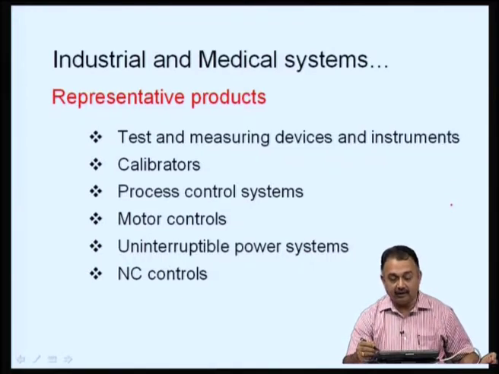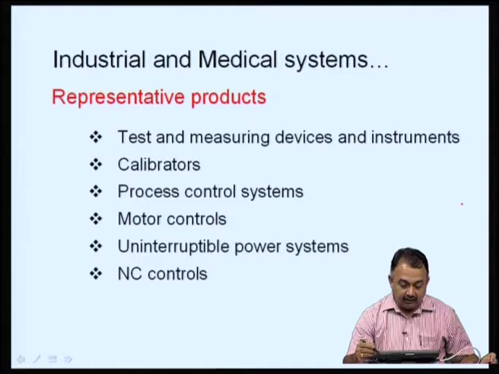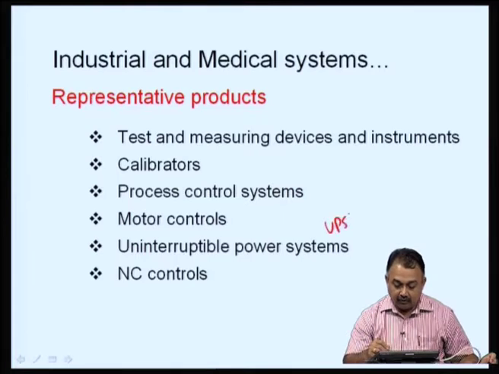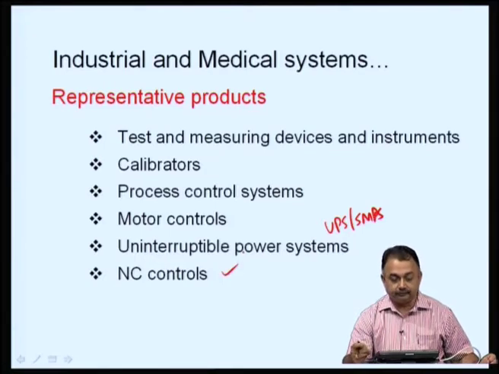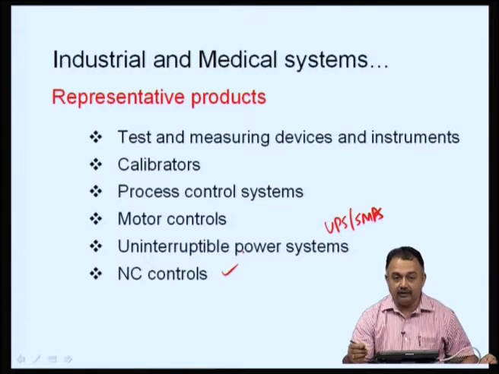These systems can be very large. Calibrators, process control systems, motor controls, UPS or SMPS systems, and NC controls, numerically controlled equipment, for example an NC drilling machine, and various numerically controlled mechanical systems.